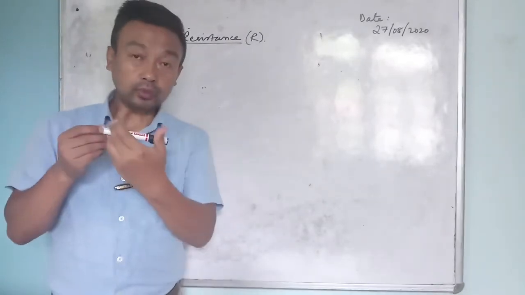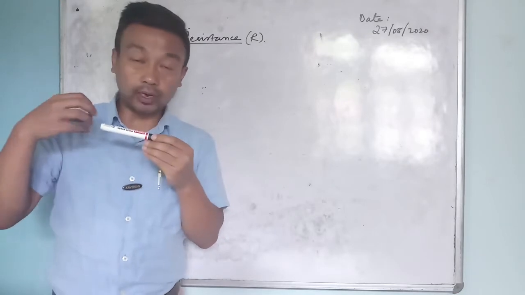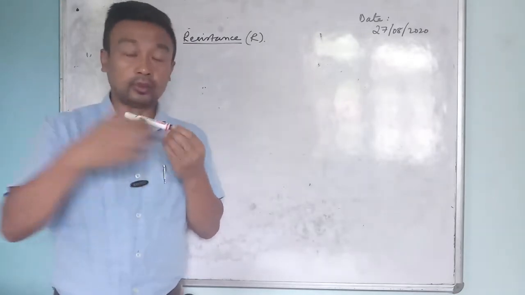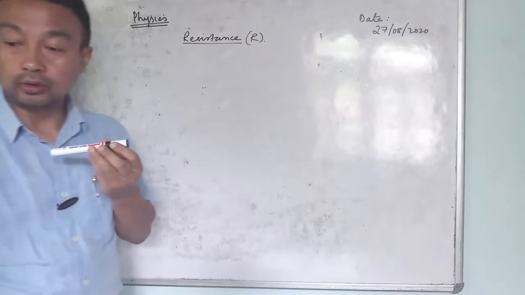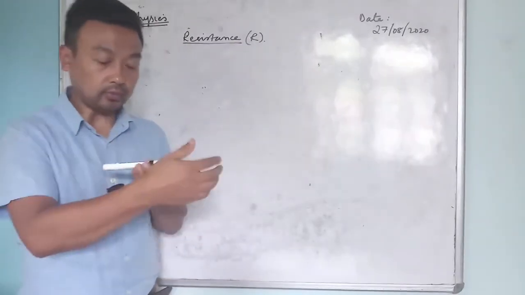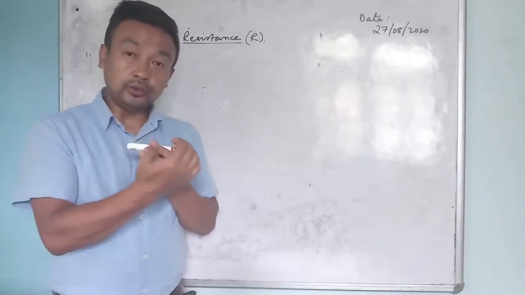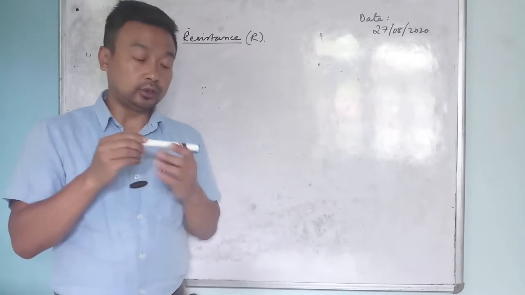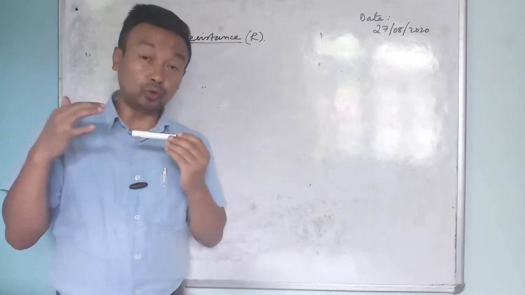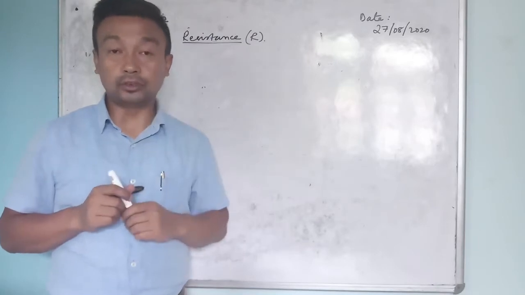Suppose this is a conductor and you have the electrons inside this, and these electrons are being moved here. So when there is some kind of obstruction to the flow of the electrons, then that is defined as the resistance.